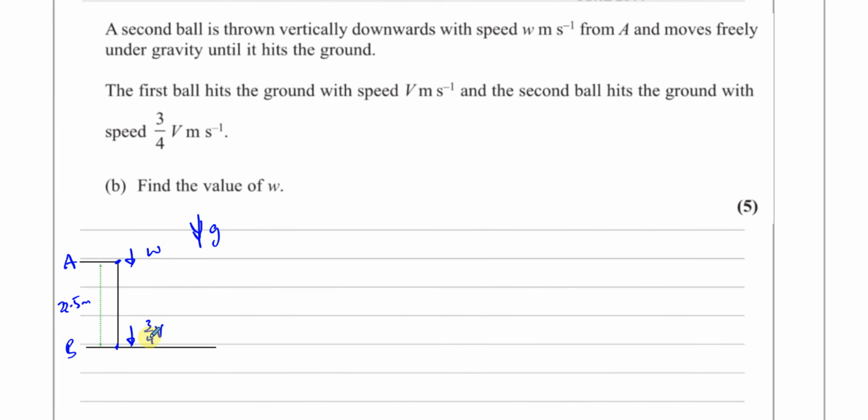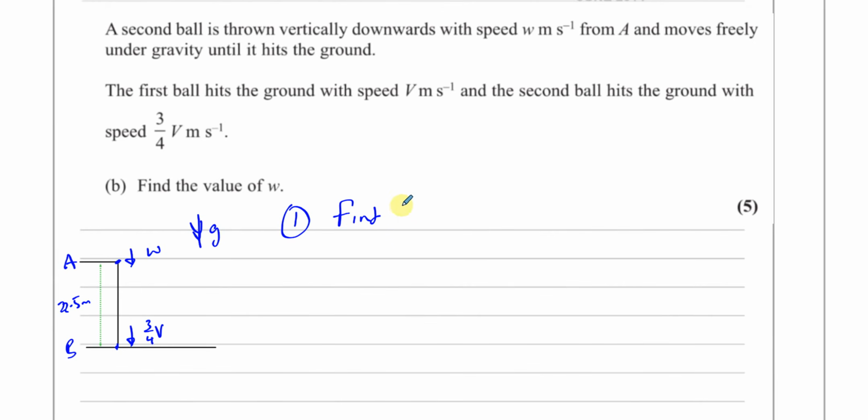Then I can find W, because I have S, I have A, and I'll have V, and therefore I will be able to find the value of this initial velocity. So let's first of all find what V is.